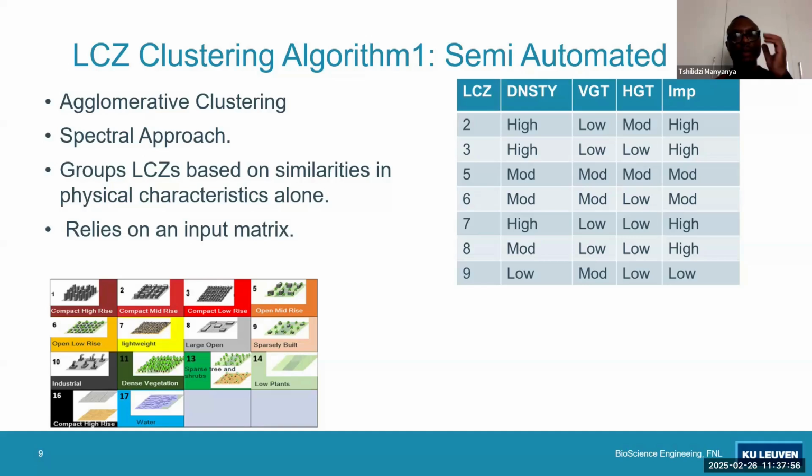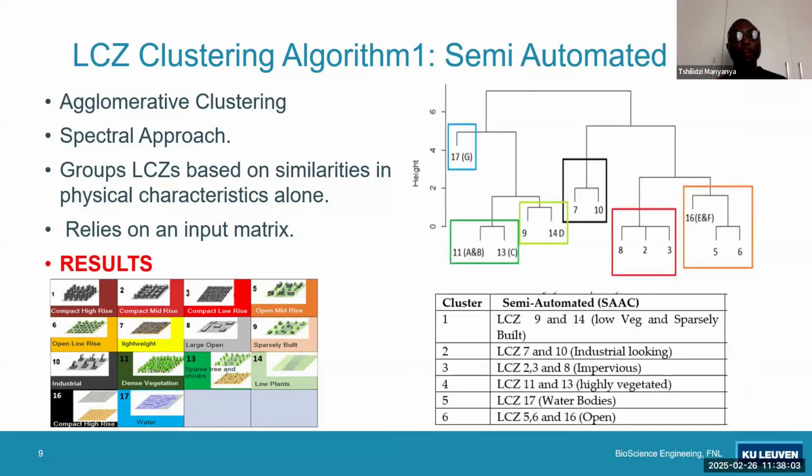And then we put that inside the semi-automated algorithm, and the result looked something like this, where based on the physical appearance alone, it grouped 9 and 14 together. This is the low vegetation and the sparsely built. It grouped them together, and then it grouped 7 and 10 together. These are classes that appear more industrial in their appearance.